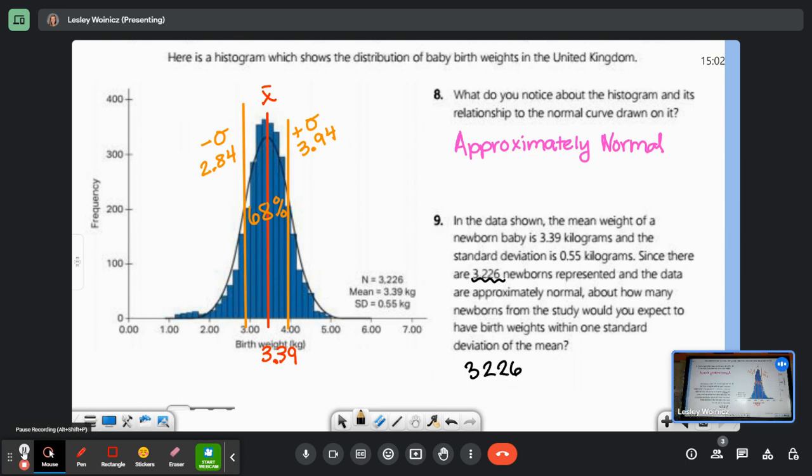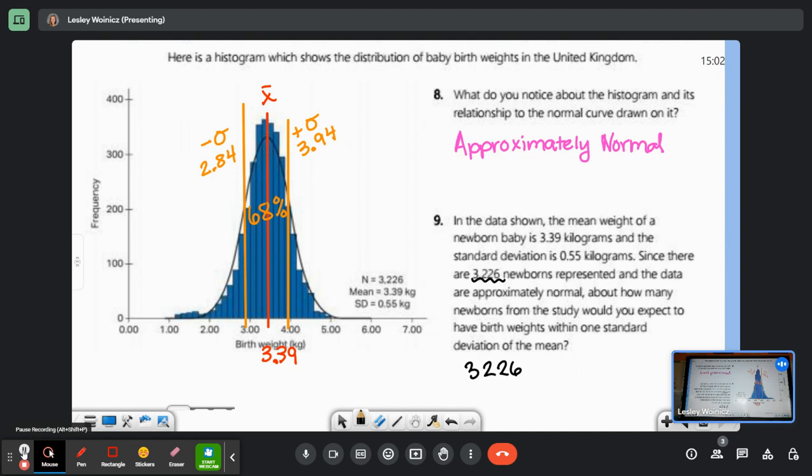And we want to know how many of them are in this range. If I know that 68% of the newborn babies fall within 1 standard deviation, how would I find that using the number of babies?